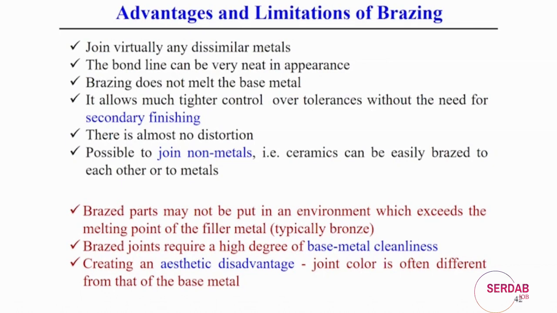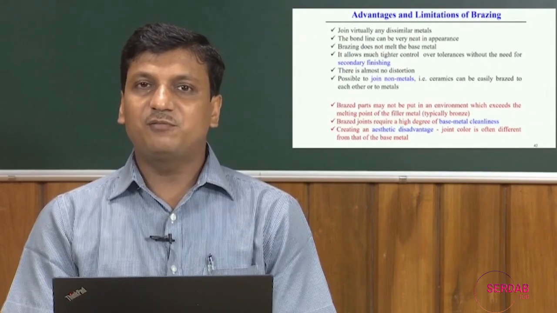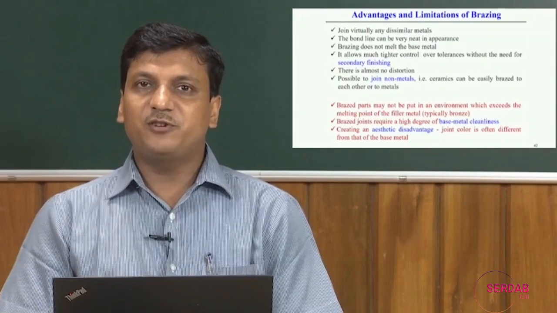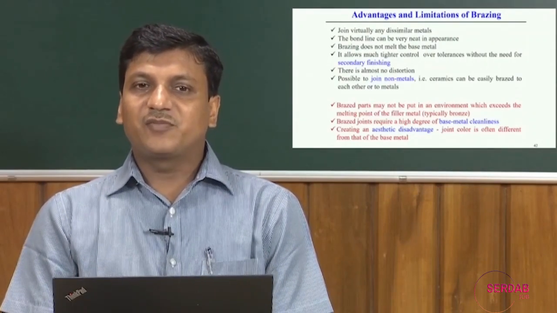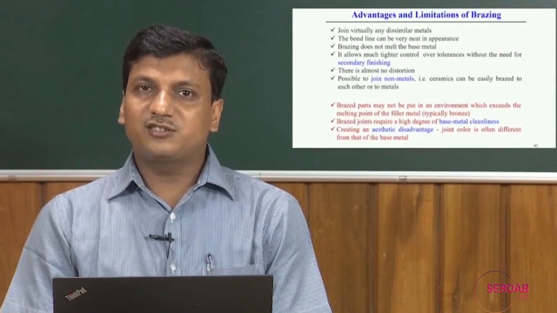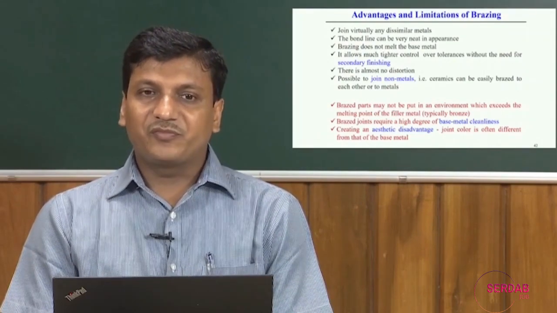That means the joint can be used only below the melting point temperature of the filler material. Of course, the joint requires a high degree of base metal cleanliness, because if the surface is very clean, then the wetting action will be good. So, the surface should be very clean to get a successful brazed joint.